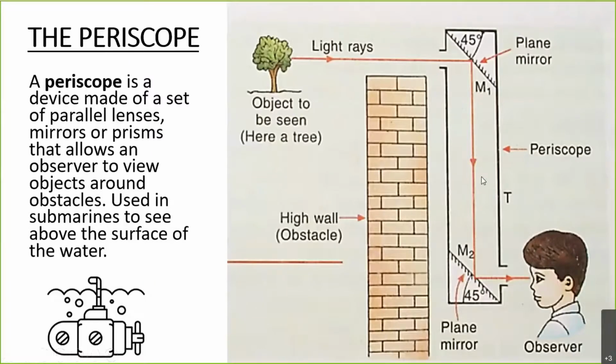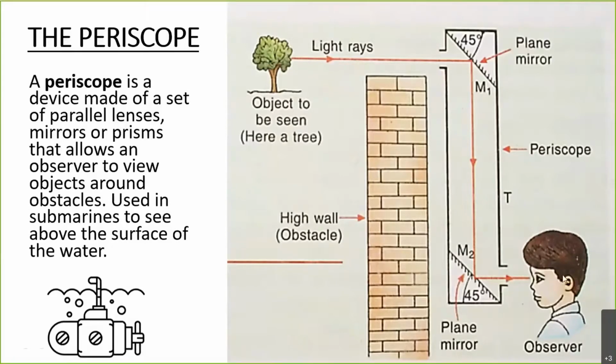And the last thing we need to talk about is this handy little device called a periscope. A periscope is a device that's made up of a set of parallel lenses, mirrors, or prisms that allows an observer to view objects around obstacles.